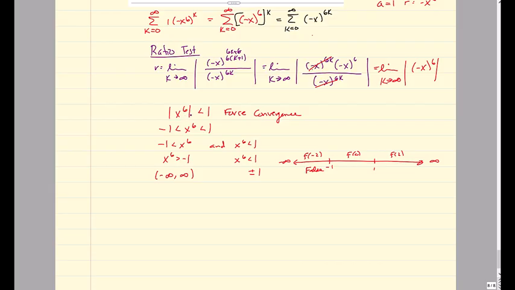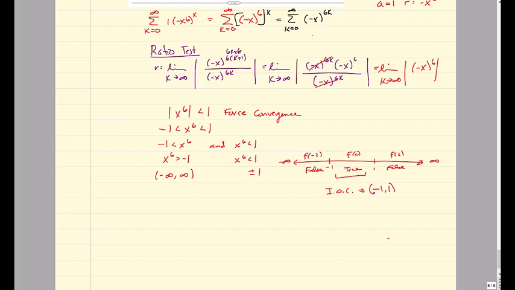If I plug a 0 in here, 0 to the 6th is less than 1, this is true. And if I plug a 2 in here, 2 to the 6, 2, 4, 8, 16, 32, 64 is not less than 1, so this is false. So this is where my solution lies, from negative 1 to 1. So my interval of convergence is negative 1 to 1.